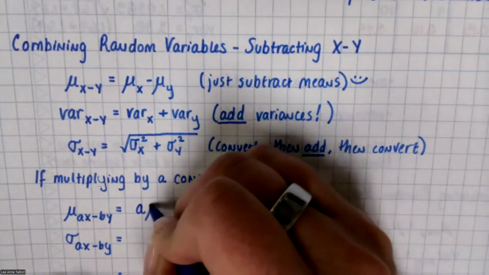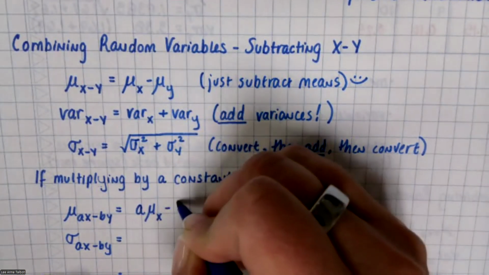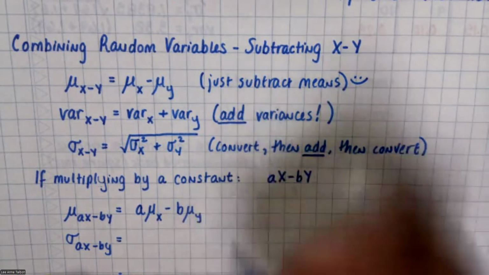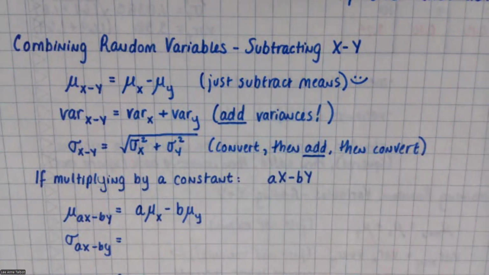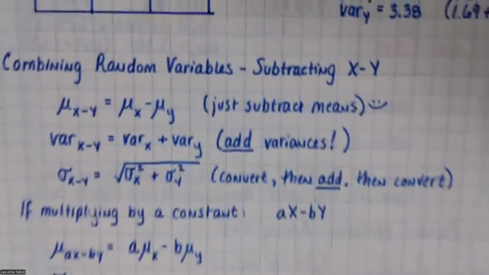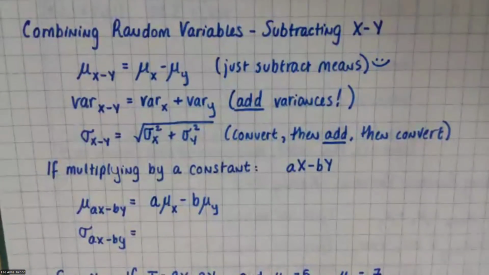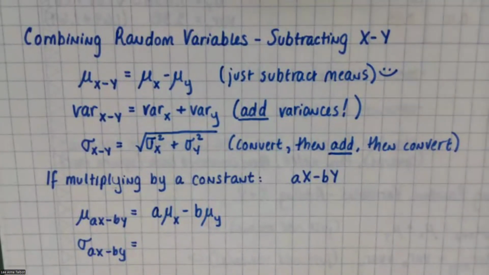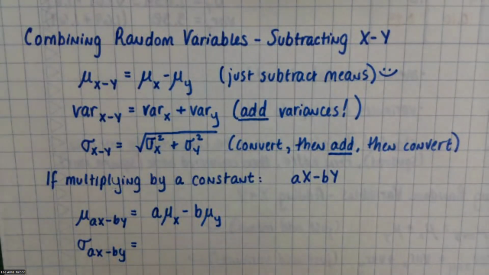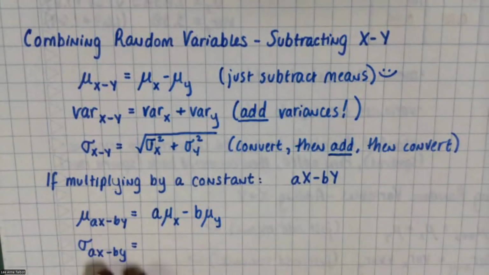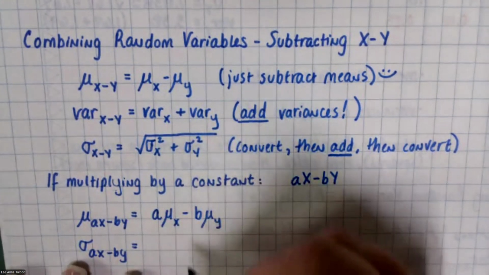A mean X minus b mean Y. So multiply first, then subtract. It's okay to subtract means, totally fine. Okay. Now, what about standard deviation? Yes. It's the same as the addition one, yes.